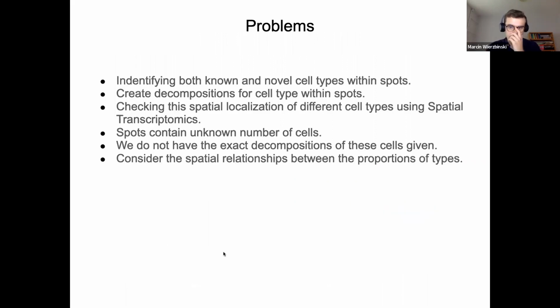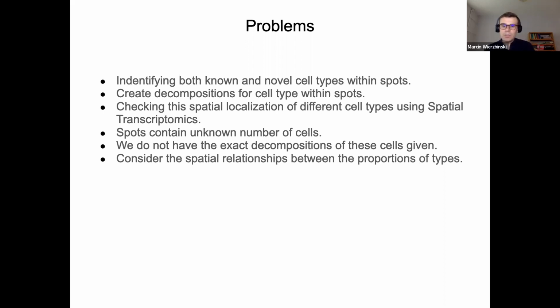So we can address the problems to solve. For instance, the first problem is to build a model that identifies the cell type decomposition, of course based on the spatial transcriptomic data.